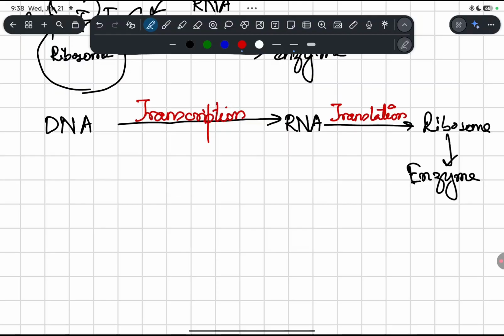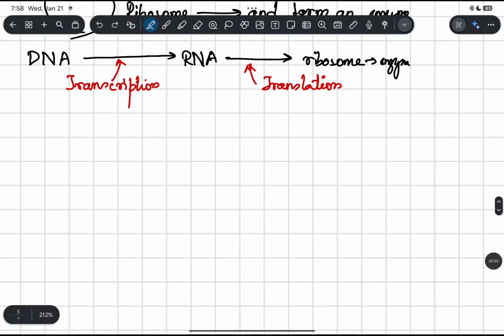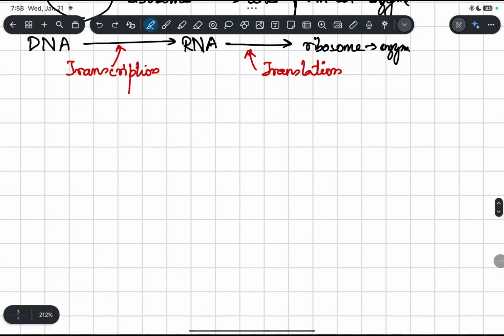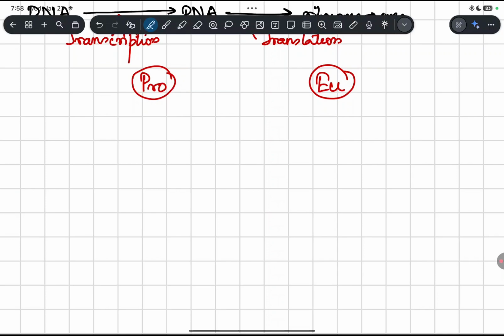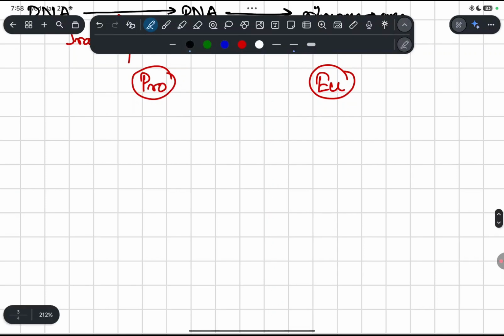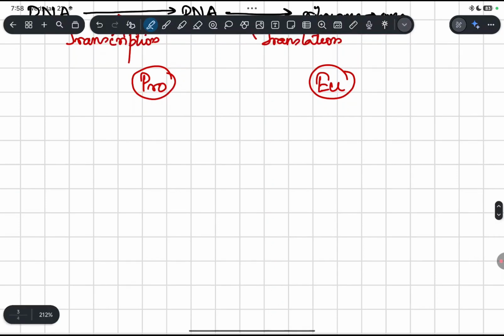So now let's move to the difference between a prokaryotic and a eukaryotic cell. We'll make a small table, and here we'll take prokaryotic, here we'll take eukaryotic. What does pro mean?